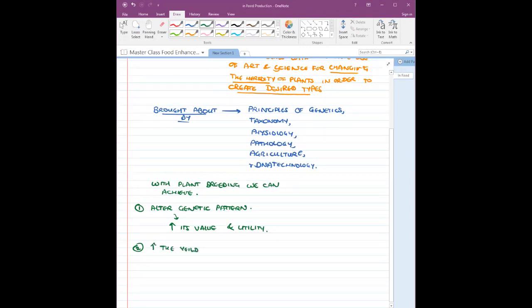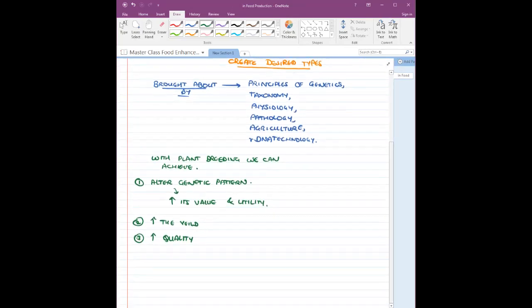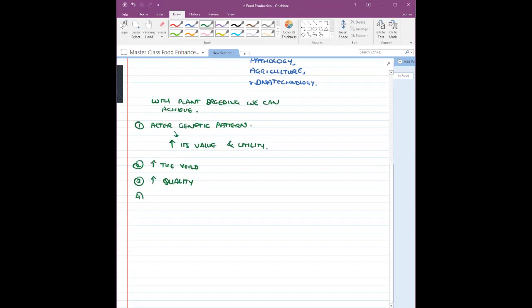Or maybe to improve the quality of the plant, make it high yielding or high producing capacity, or maybe enhance its character, or increase its nutritional values or nutritional qualities, or maybe we are increasing its tolerance to environmental stress.